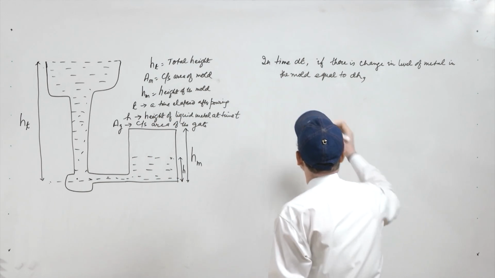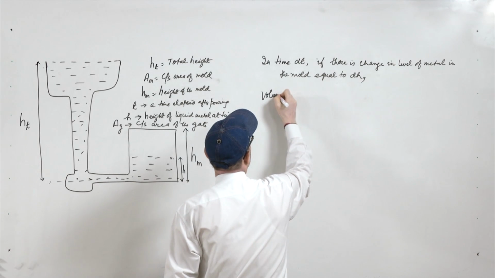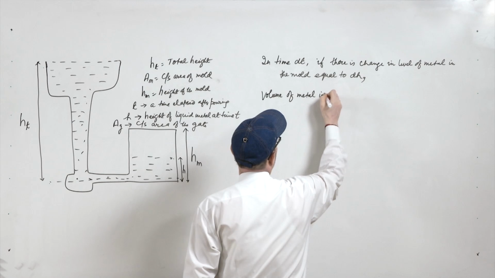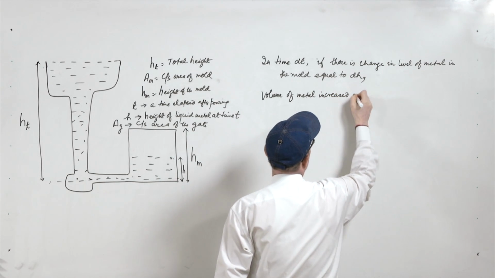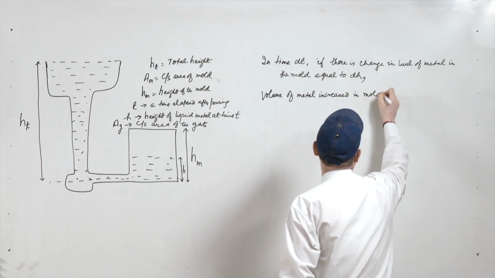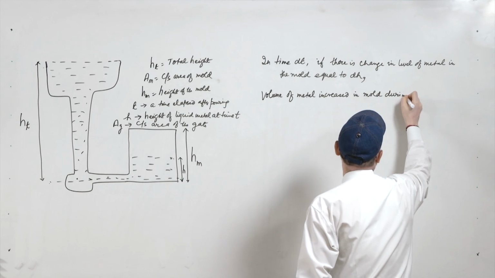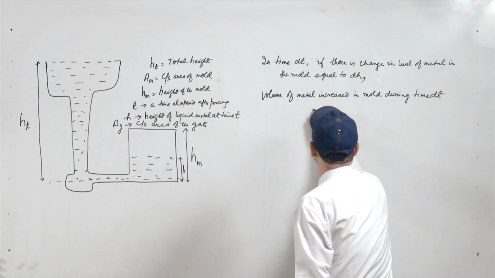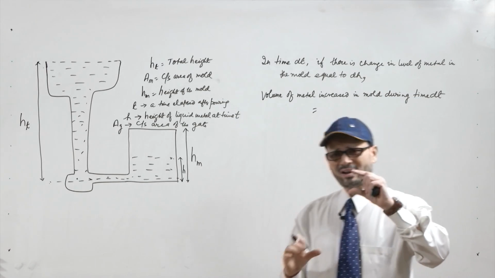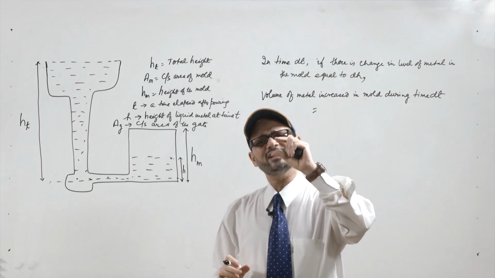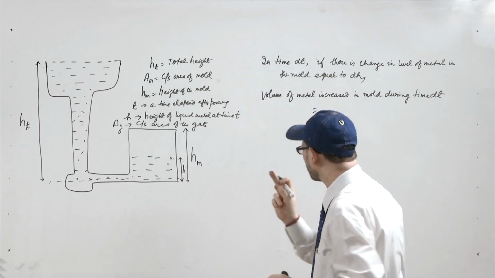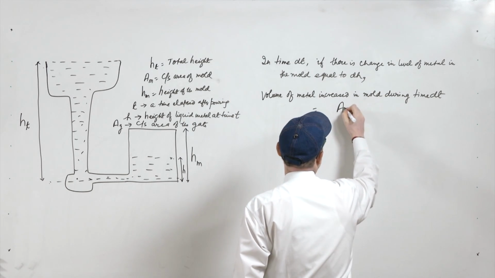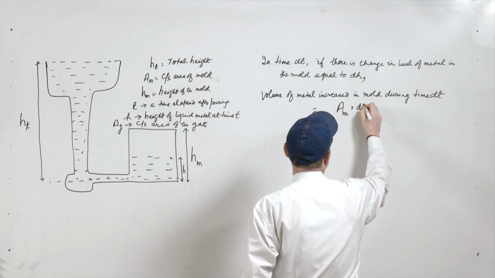And so, volume of metal increased in mold during time dt: the level of metal increased is dh and the area of the cross section of the mold is Am. So, it will be Am multiplied by dh.